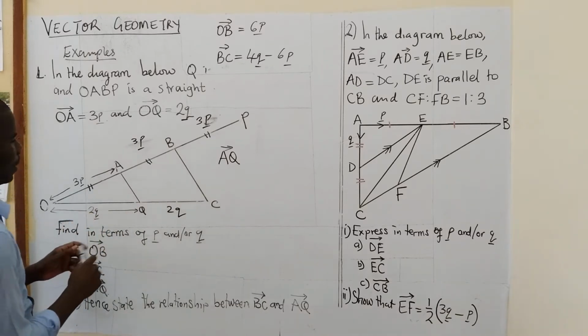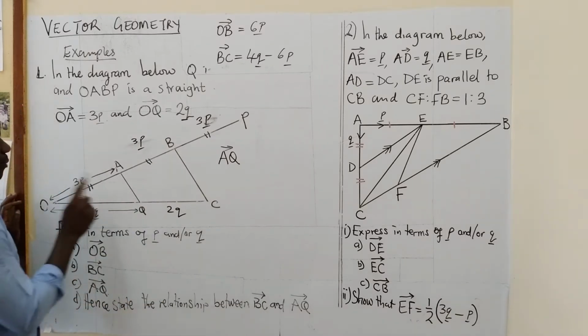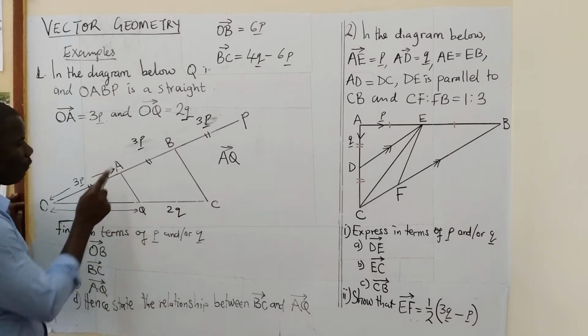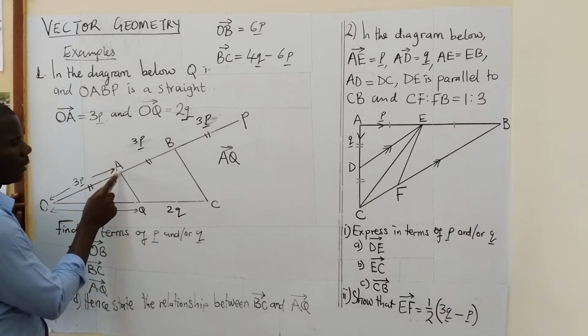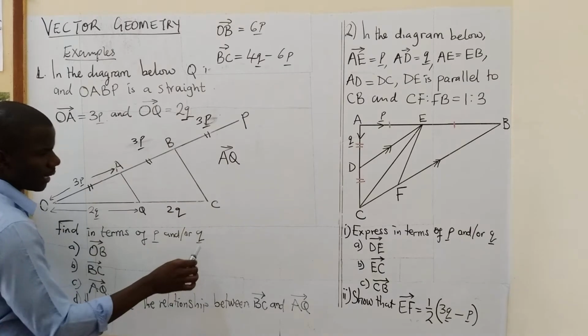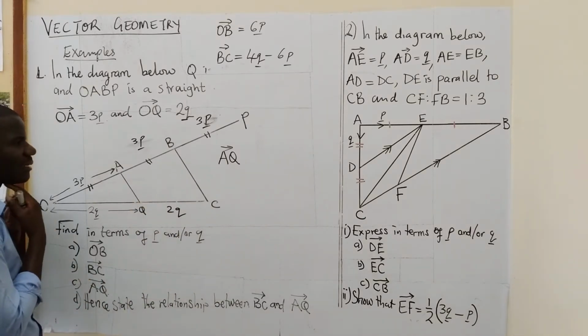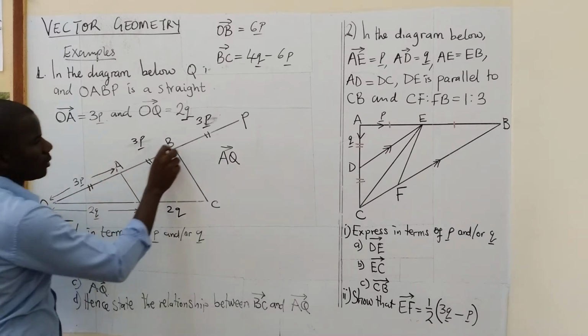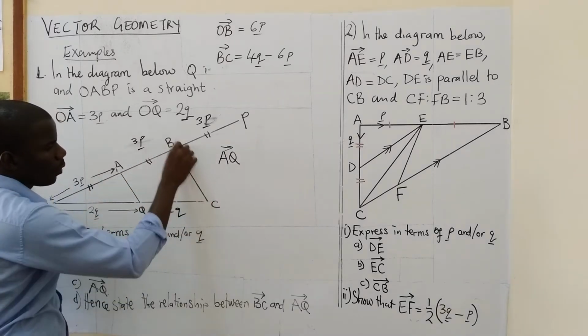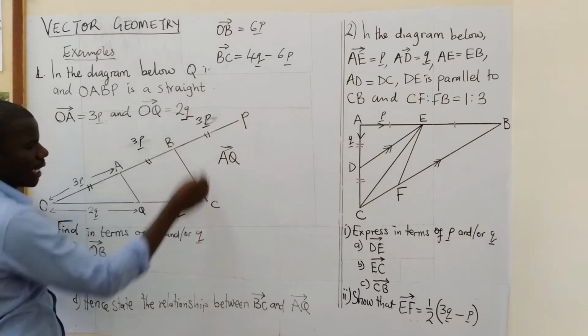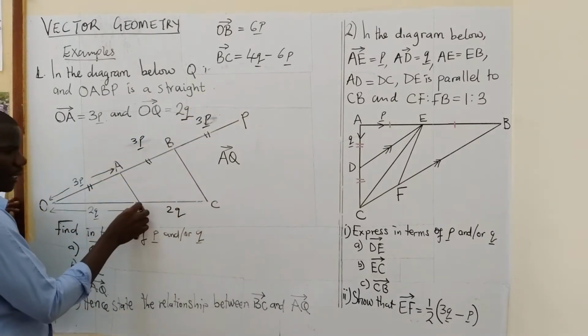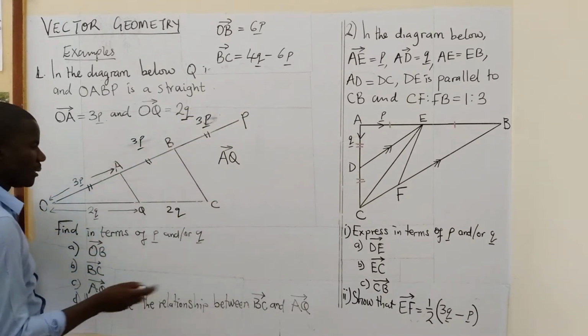So now, how do we get to Q from A? Each route or vector that we take should have a magnitude. In this case, if you want, you can go this way, because we also know now what BC is. We can still put that, and then you come this way. You will still be able to get the same answer.